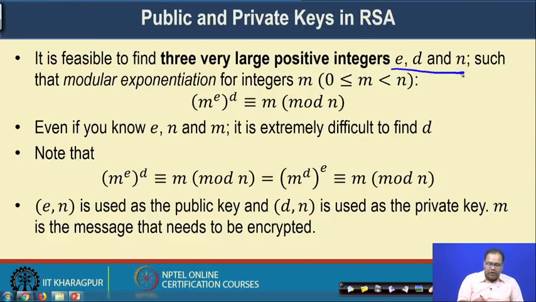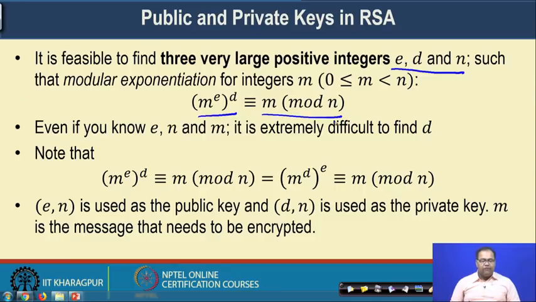So, you can always find E, D and N, such that (m to the power E) whole to the power D is functionally equivalent to m mod n, where m mod n is the remainder after division.